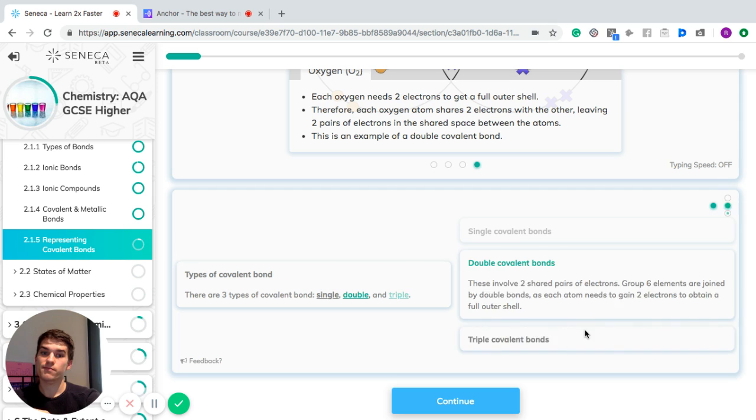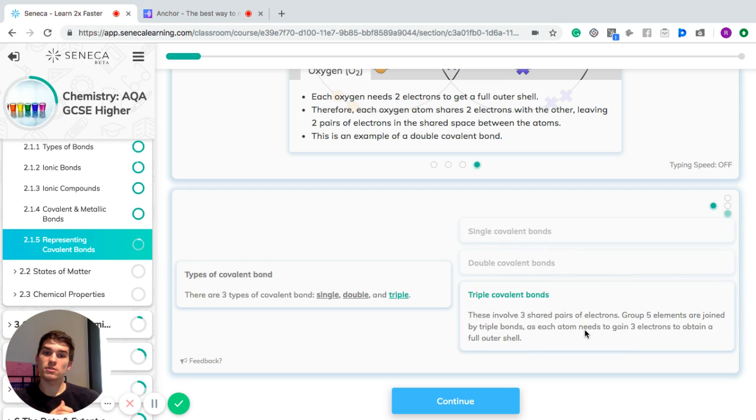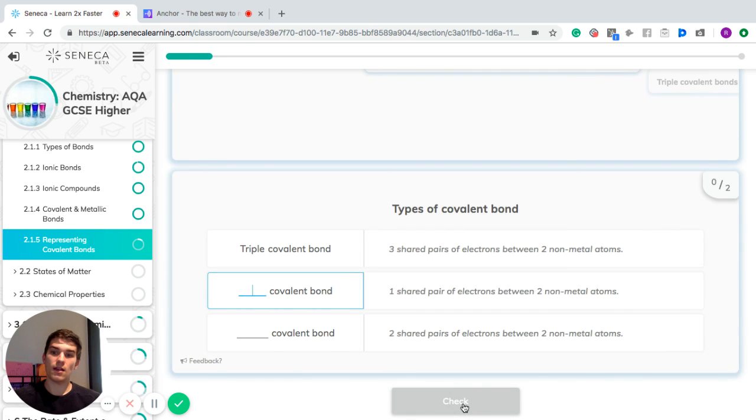And triple covalent bonds involve 3 pairs of shared electrons in the covalent bond. You find those with group 5 elements. They're joined with triple covalent bonds because they need those 3 electrons to gain a full outer shell in their electronic structure.